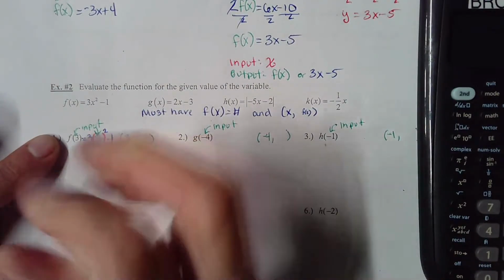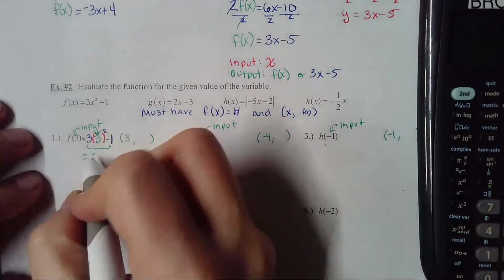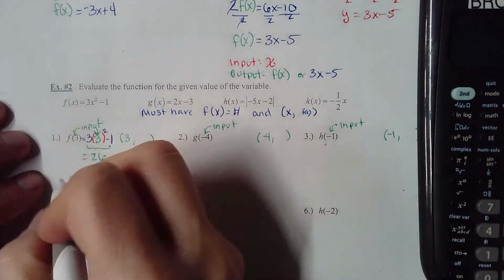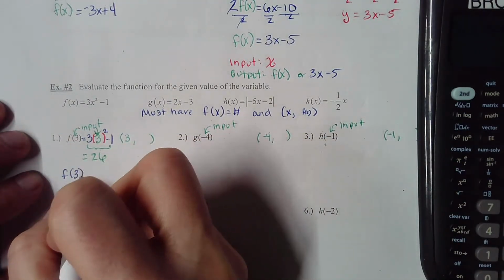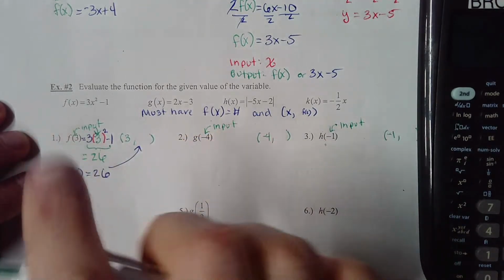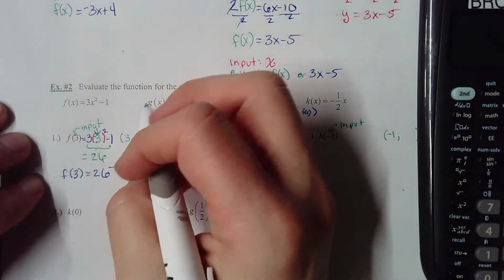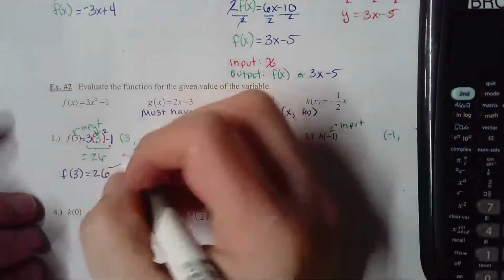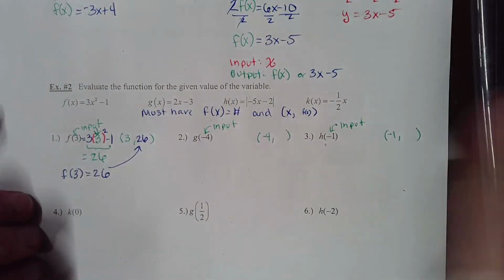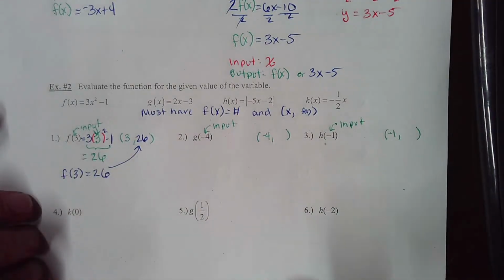We get that our output is 26. F at input 3 is 26. That's the coordinate, 3 comma 26. Try G and see how you do.